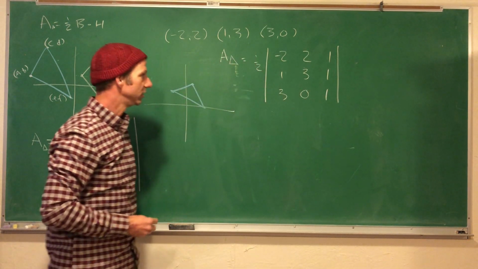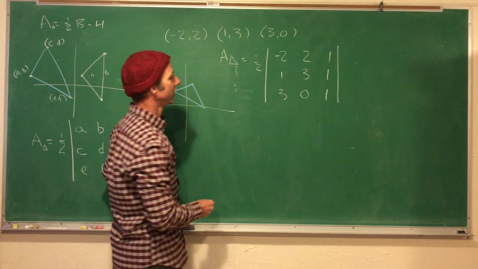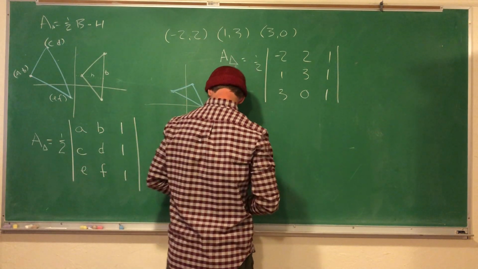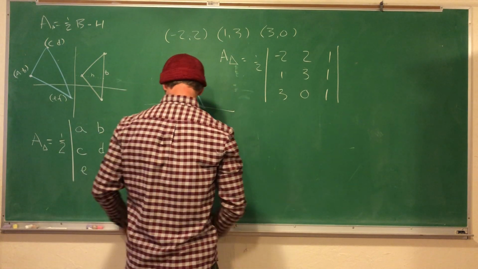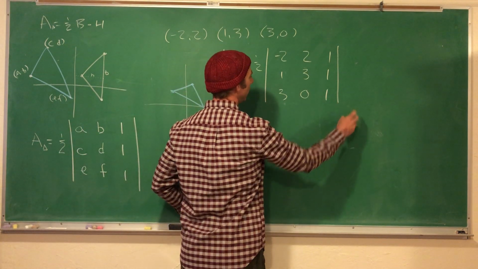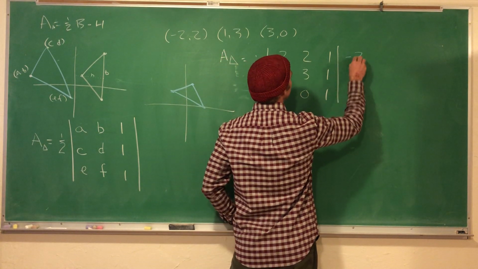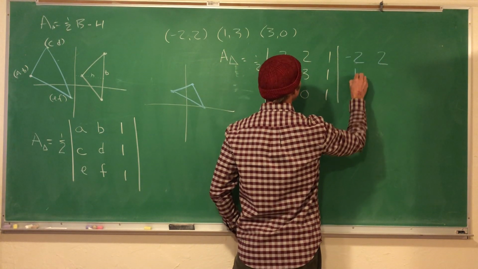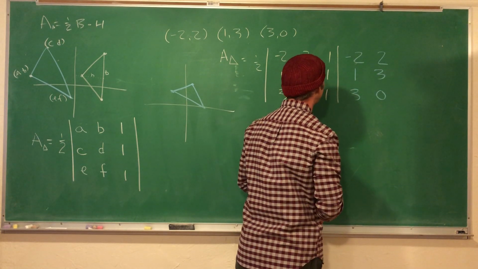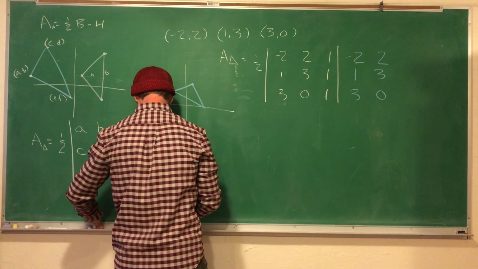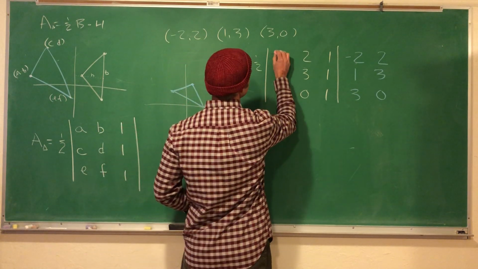Now we need to do the determinant of this matrix. To do that, we'll put these first two columns back over here: -2, 2, 1, 3, 3, 0. And now we will use the diagonals.